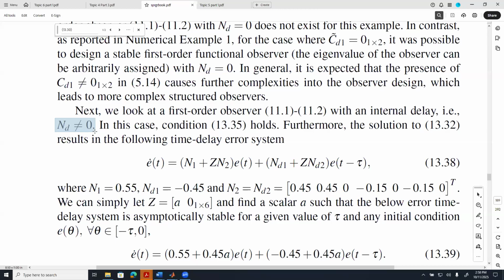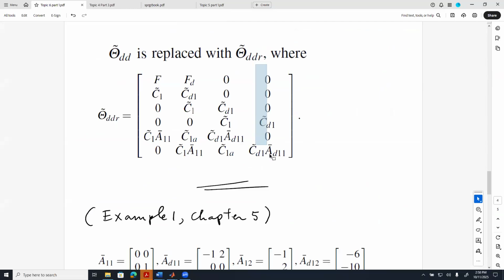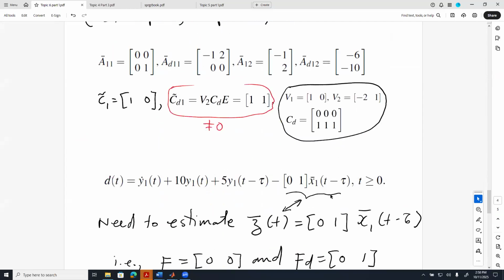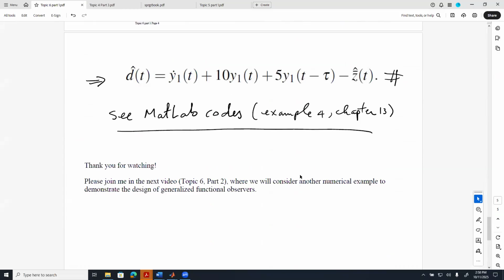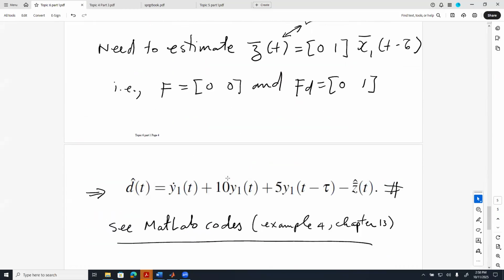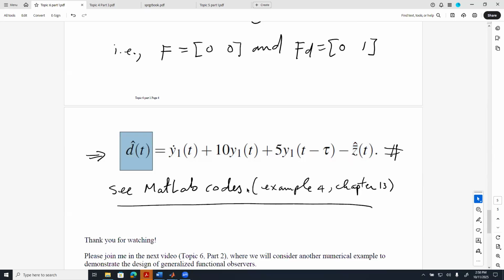Because of the additional constraint that the matrix C tilde D1 imposes onto the observer design, and as I discussed before, we got extra columns and all of that stuff in there. So we still managed to design a first order observer with an internal delay to estimate the delay stack variable directly, and we use it to reconstruct asymptotically the unknown input.